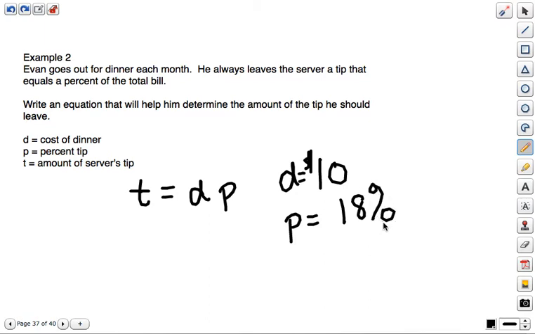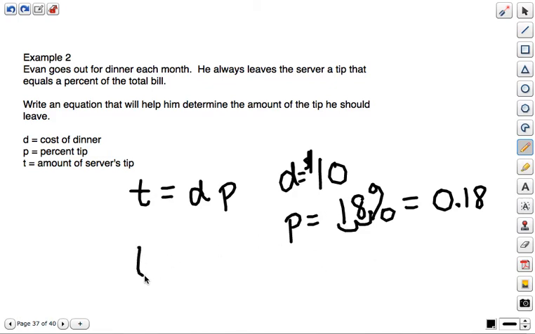So an 18% tip at $10. So the first thing you would want to do is convert that percent to a decimal. So 18% actually equals 0.18. When you have a percent and you want to change it to a decimal, you move the decimal point 2 places to the left.